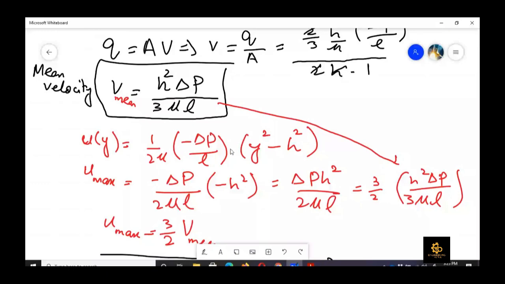If we take the differential of this equation, there would be 2y, right? So that would be equal to 1 upon 2 mu into 2. The 2 would cancel with 2, and it can be written as minus delta p upon mu L into y.